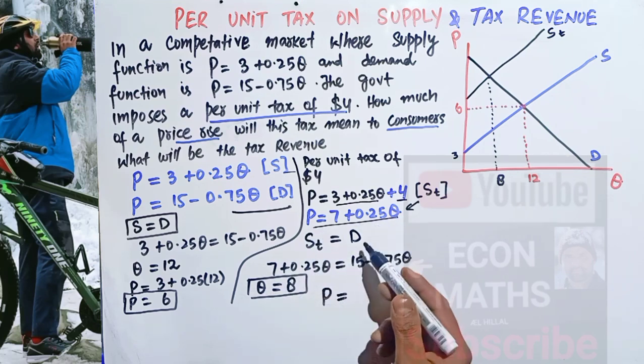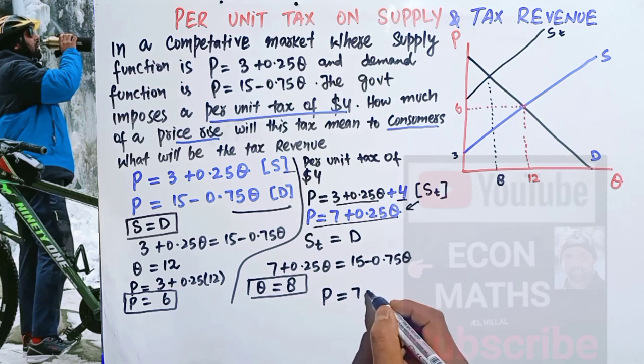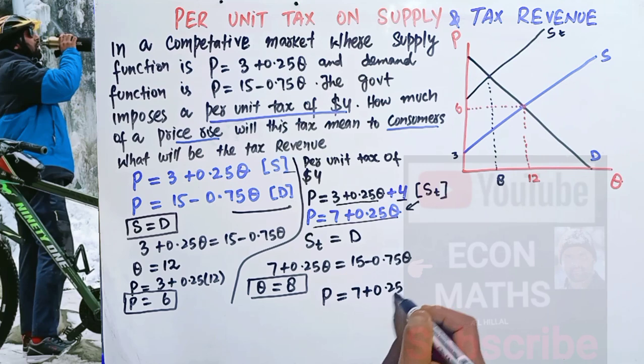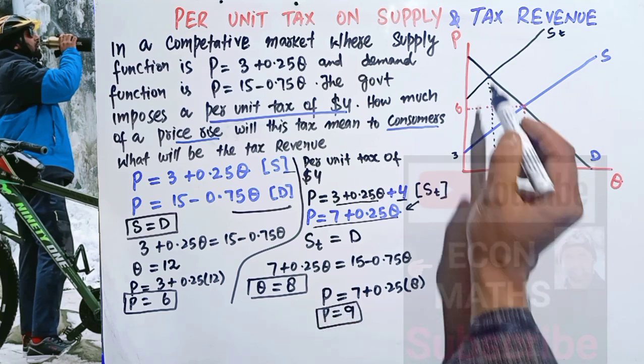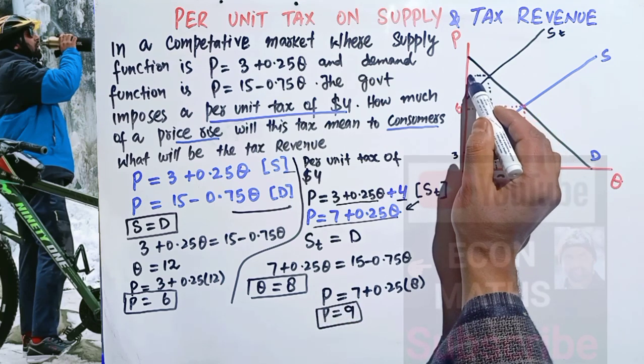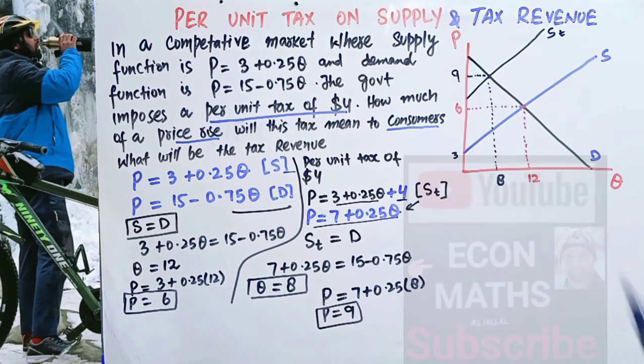Let us take the supply function. So we have 7 plus 0.25 times the quantity transacted, which is 8. So 0.25 times 8 is 2, and the new price will be 9.